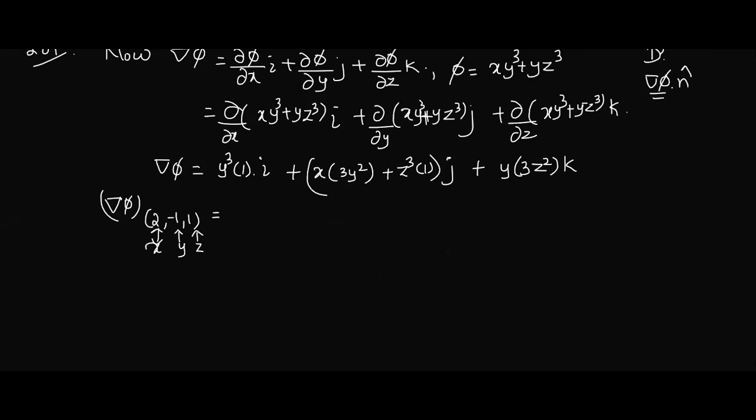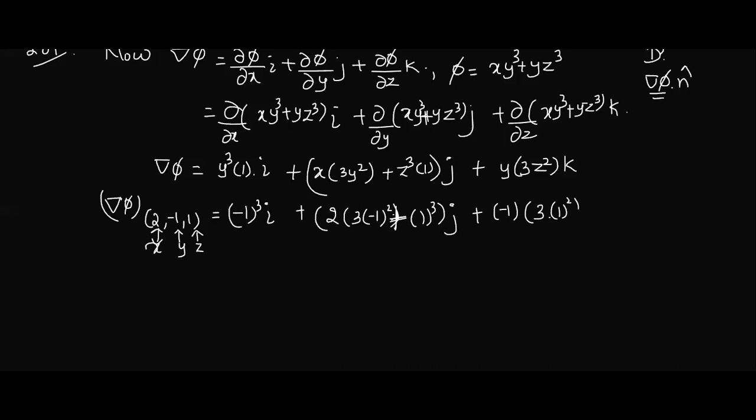So y is minus 1, so it should be written as (-1) cube into i. My x is 2, so 2 into 3 into y square, y is minus 1. Plus z is 1, so it is 1 cube into j, plus y is minus 1, 3 into z square, z is 1.